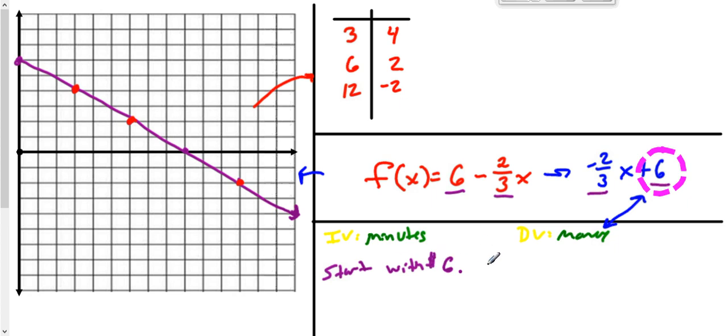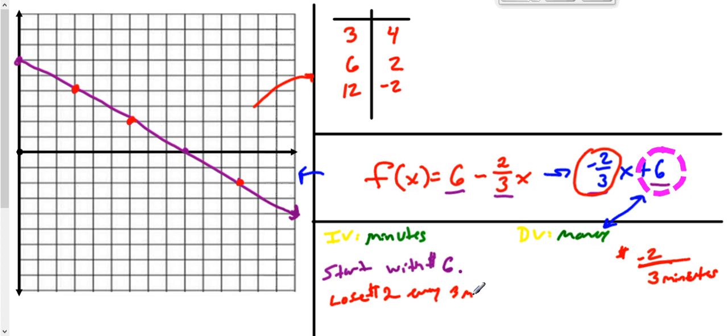So we start with $6, and then we have to incorporate some sort of rate. So this negative 2/3 here, negative 2 over 3, relates dollars to minutes. So we lose $2 every 3 minutes. Just like that, we've got our words.